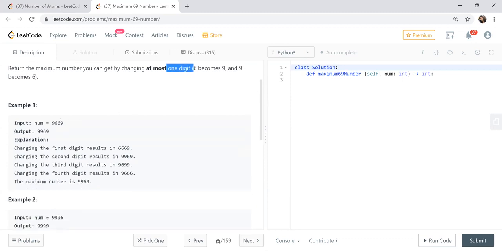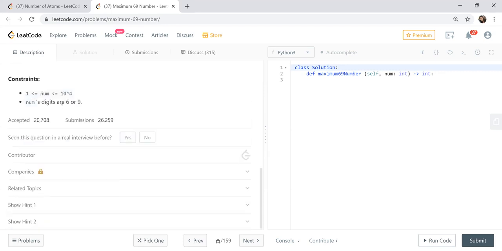For example, this is 9669, and what digit should we change to get the maximum number? The constraint is we need to change only one digit, and the size of the number is from 1 to 10 raised to power 4, which is 10,000.